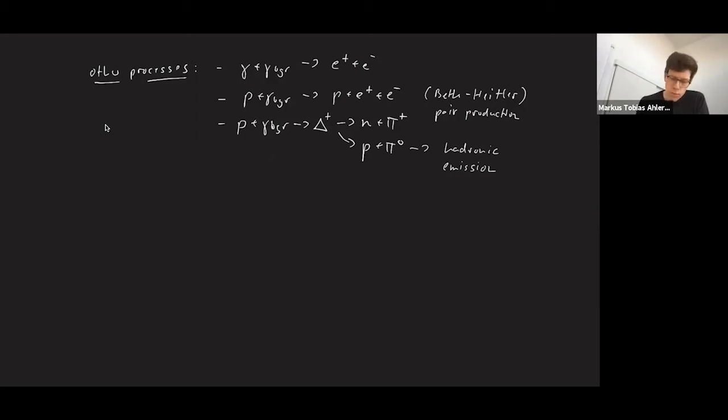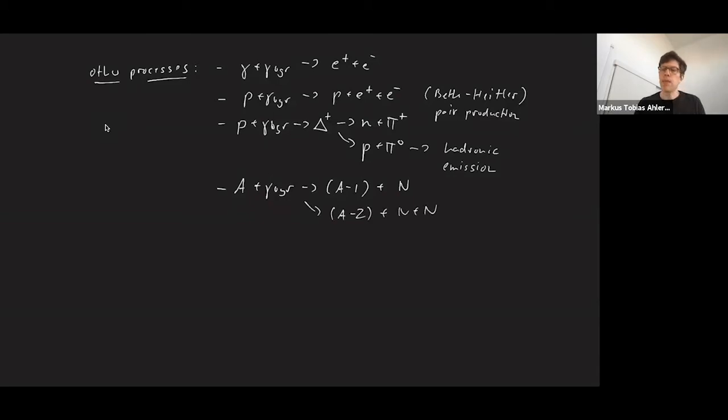And you can also have photodisintegration processes. If you're looking at heavy nuclei with an atomic mass number A, they can also scatter with gamma ray backgrounds, and they photodisintegrate. For example, they can split off one nucleon, forming a nucleus with one less nucleon, and then you have an additional nucleon coming out, which could be a proton or a neutron. Or you could have processes where you split off not only one, but two nucleons.